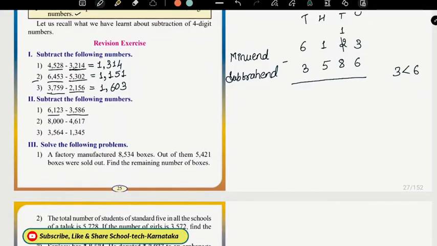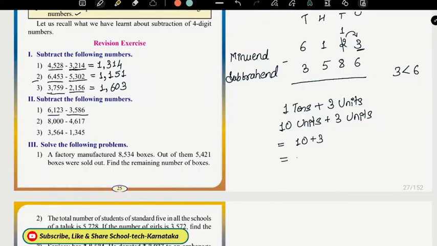Since we have 1 tens, we need to add it to the digit present at the units place, since we borrowed 1 from here, plus 3 units. 1 tens is 10 units plus 3 units, that is 10 plus 3.